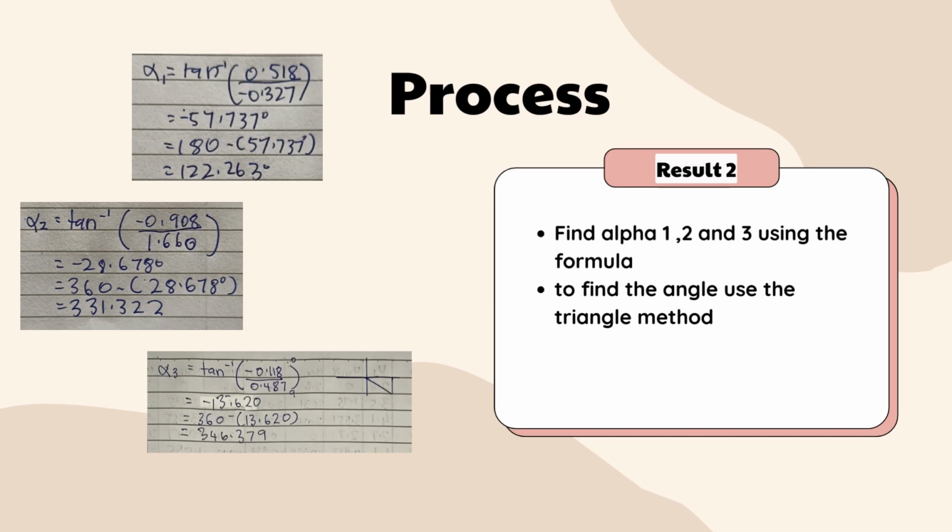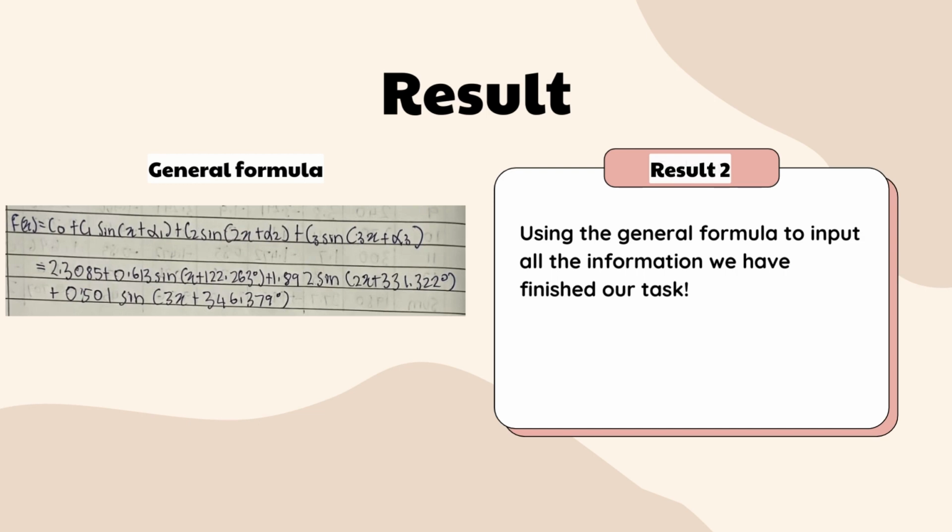We need to imagine a circle here, and we need to take apart the angle here. So 360 we need to subtract with the angle that we have found just now, and the subtraction will be the answer. For the last step, we just need to input the information into the general formula until the third iteration.